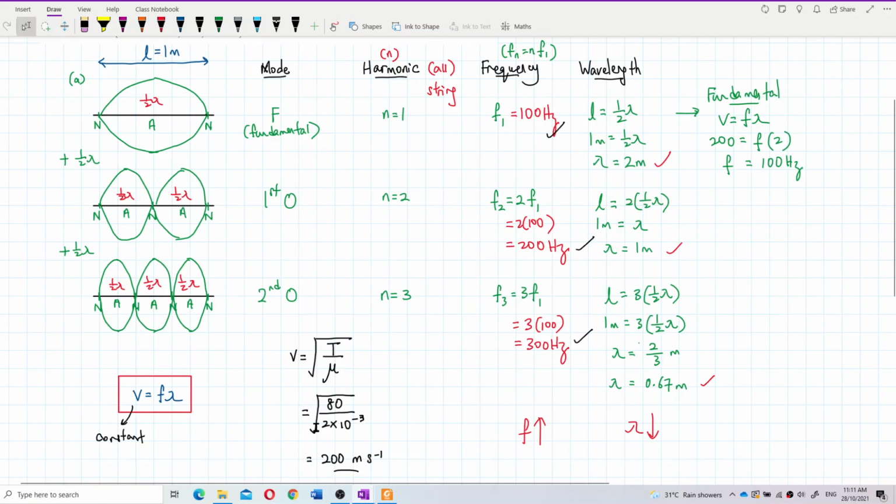When you go down the mode, the wavelength becomes shorter and shorter, so the frequency becomes higher and higher, while the speed of the wave stays constant. So this is what happened.